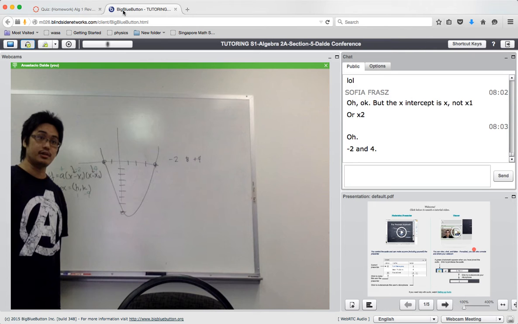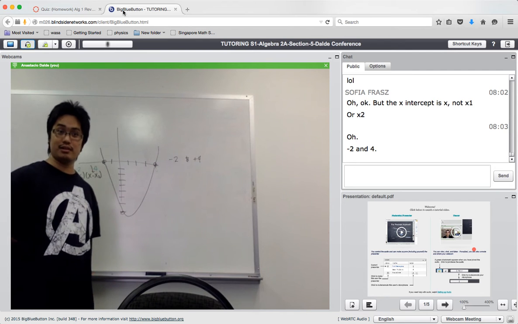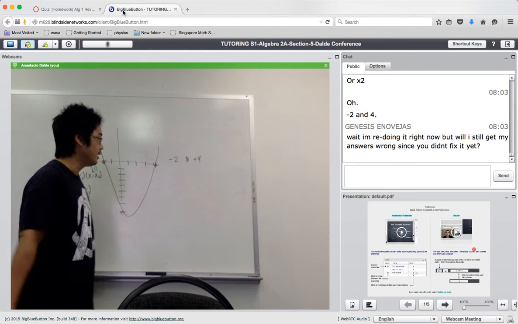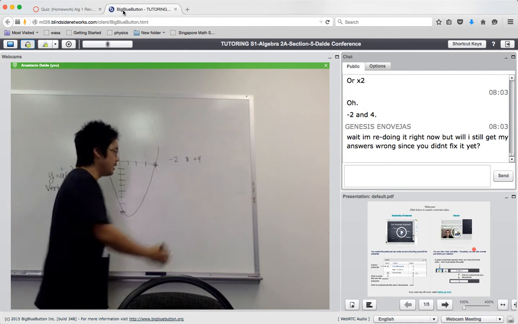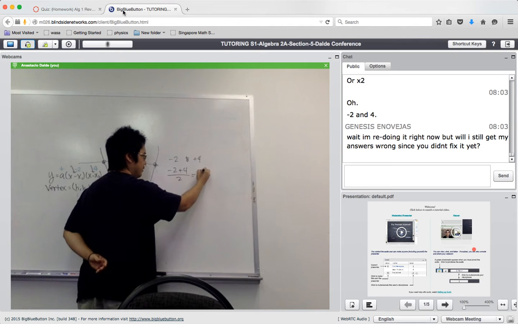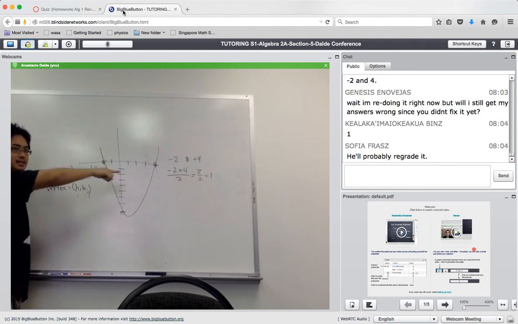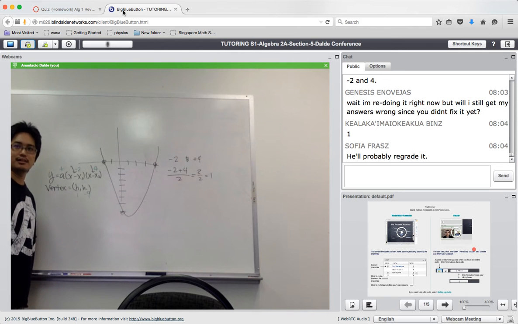When you take the average, you add two numbers together and divide by 2. If you had the average of 3 numbers, you would add all 3 numbers and divide by 3, and so on and so forth. In this case, we only have 2 numbers, so it's -2 plus 4 divided by 2, which is 2 divided by 2, which is equal to 1. Hey, guess what? Our guess was the same.